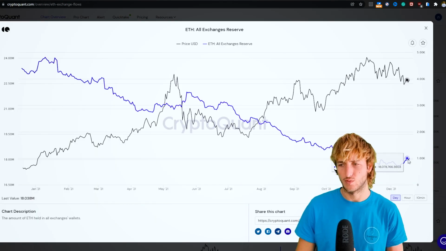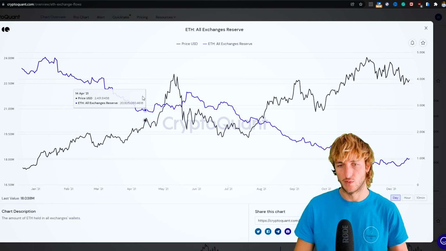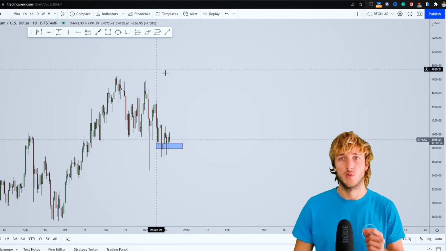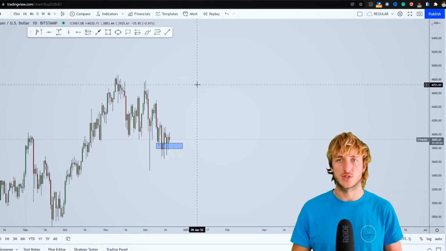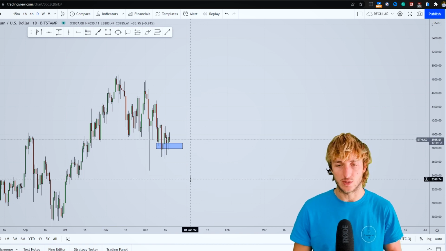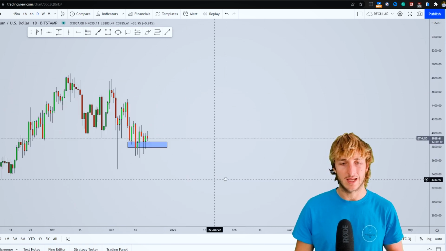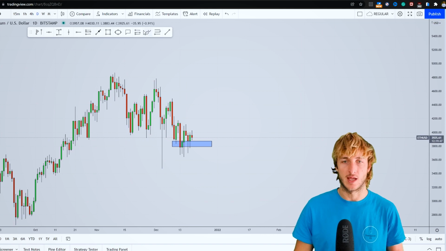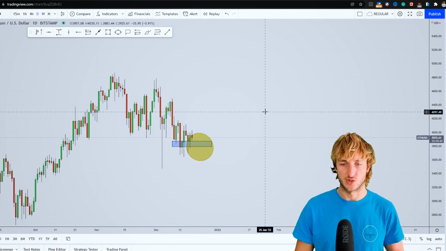Just here in the short term, we see this slight increase, but overall, the trend is clear. More Ethereums are moving away from exchanges than the ones that are getting into exchanges. So we are getting overwhelming demand and support, meaning that there is definitely the possibility to see a rejection higher.